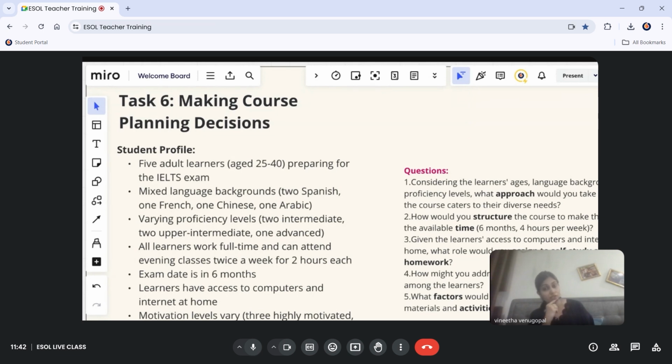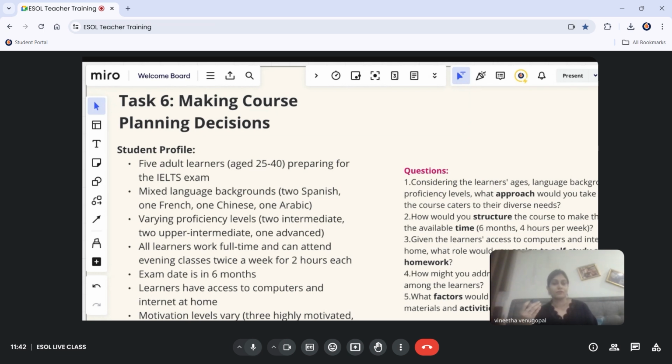And what factors would you consider when selecting the course materials? Obviously, whatever is there on the left-hand side is all the factors that I should consider: the age, the backgrounds. And one good thing here is, though they come from different language backgrounds, nobody is having a lower level language. It's all intermediate, upper intermediate, and advanced.